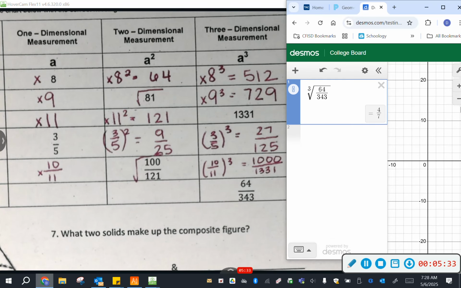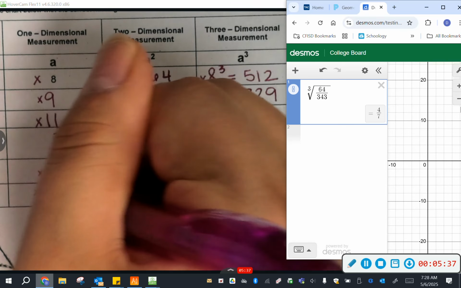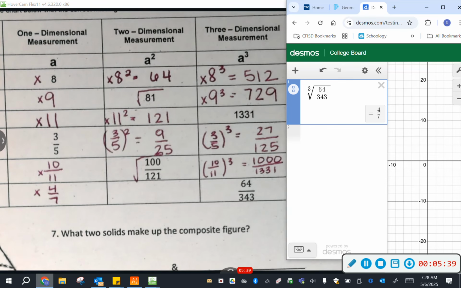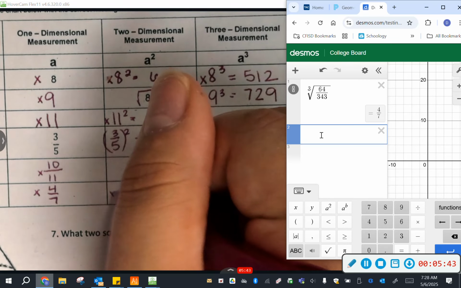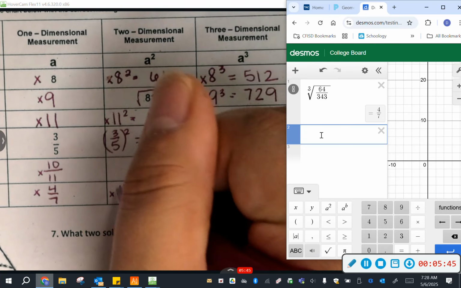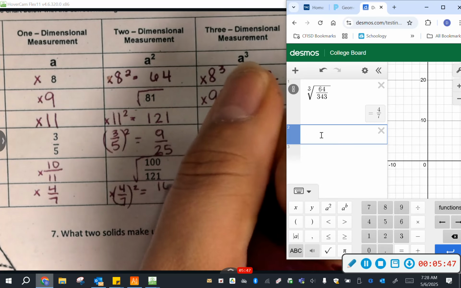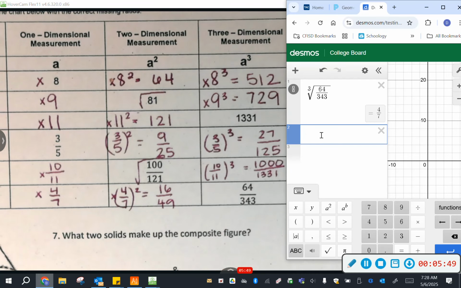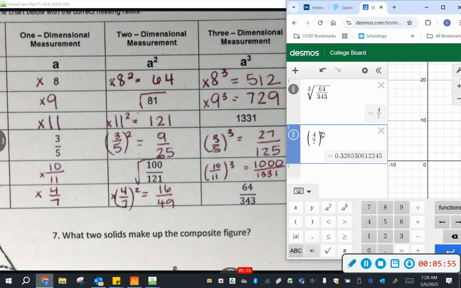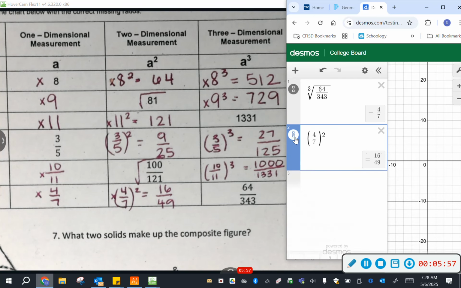Four over 7 goes where? First column. And then to find my middle column, I square it. And if I square it, you should get 16 over 49.